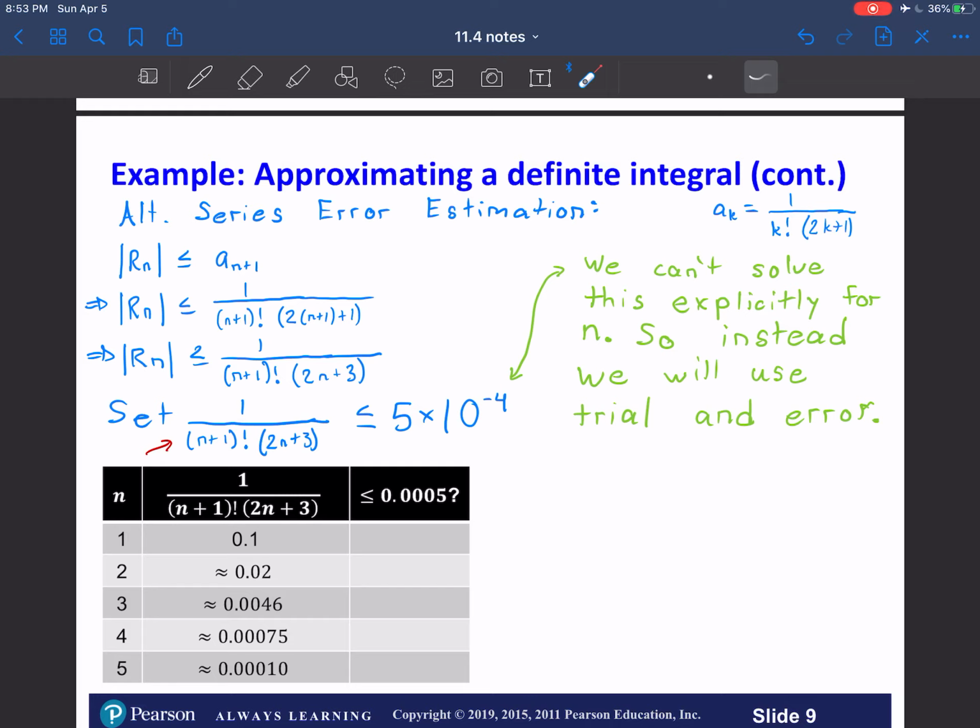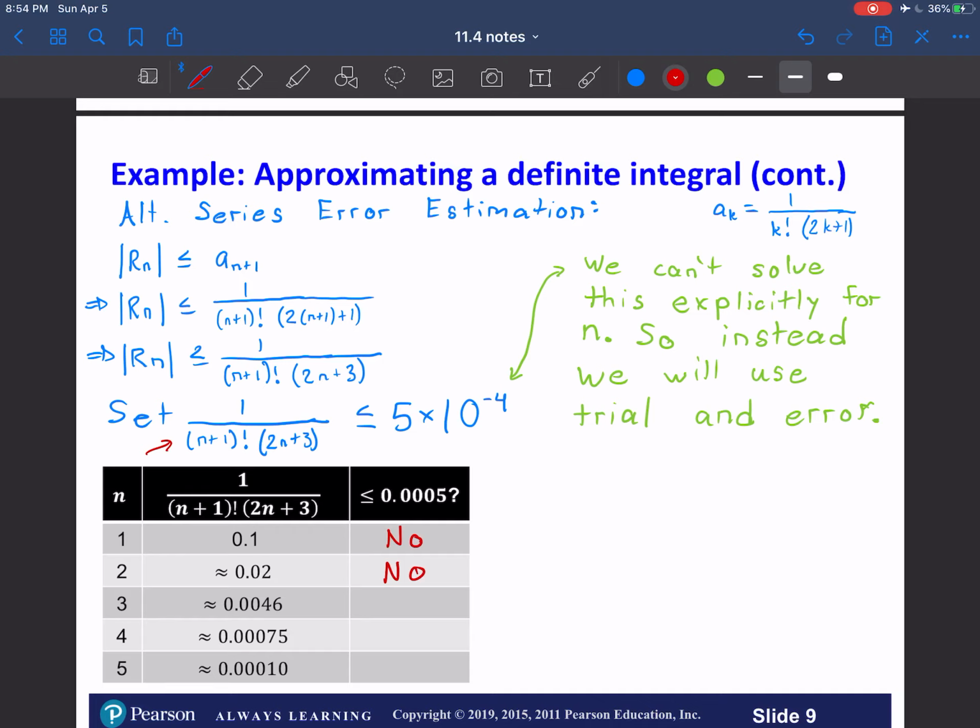Notice that 0.1 is not less than 5 times 10 to the negative fourth. If we plug in 2, then we would get 1 over 2 factorial times 7, and that number is approximately 0.02, which once again is not less than 5 times 10 to the negative fourth.